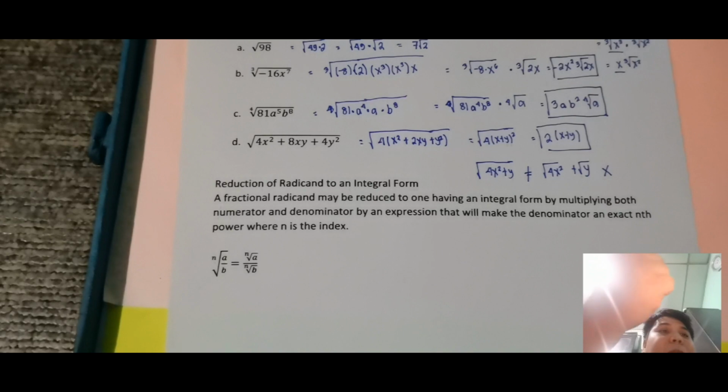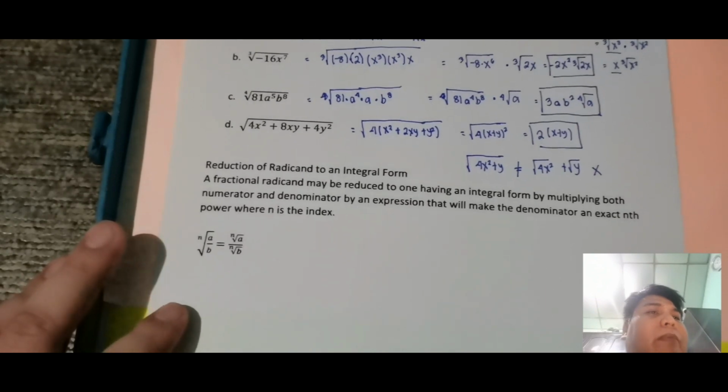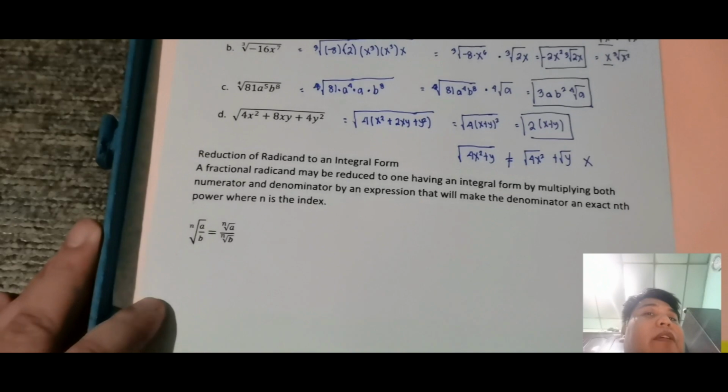So what will you do? It depends on the denominator. Whatever the value of the denominator, you multiply it accordingly. So here, for example, the nth root of a over b, that is equivalent to the nth root of a over the nth root of b. This is our concern. So now, I will show that by example so you can understand better. Okay?